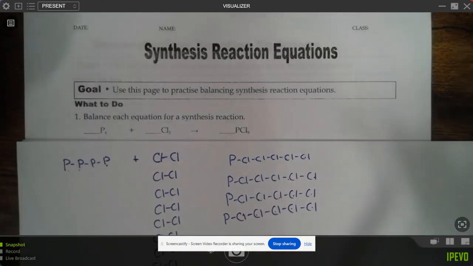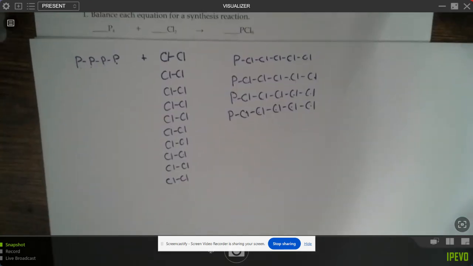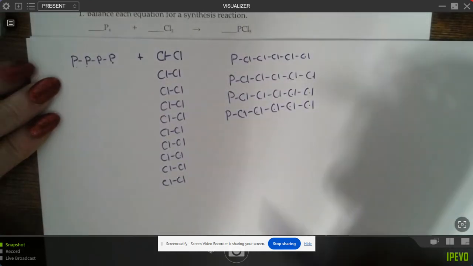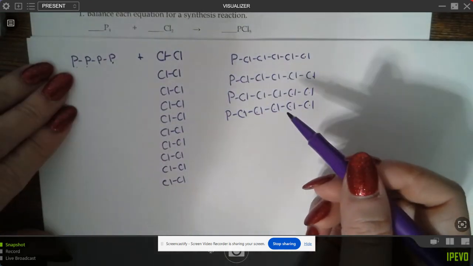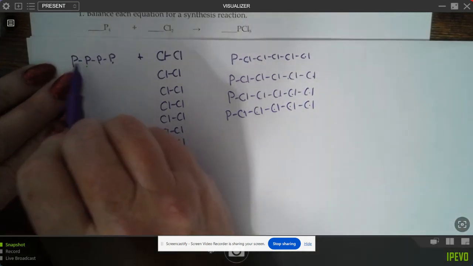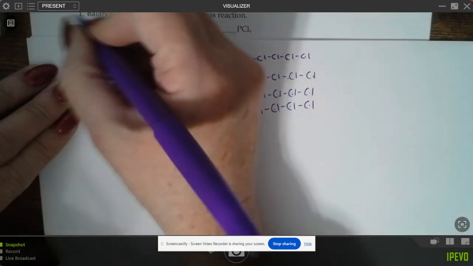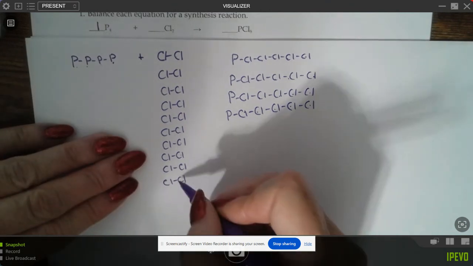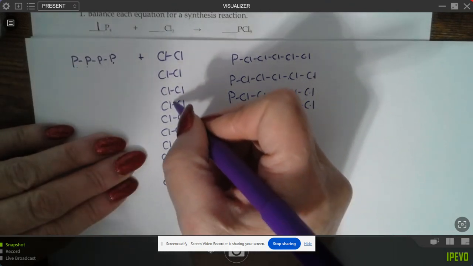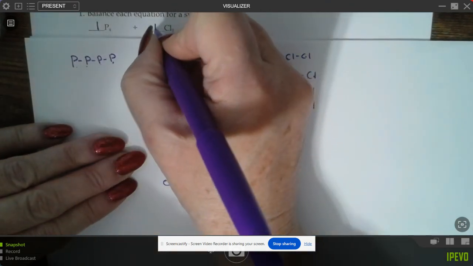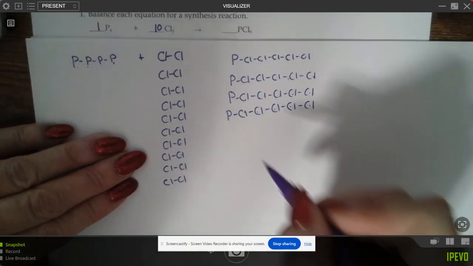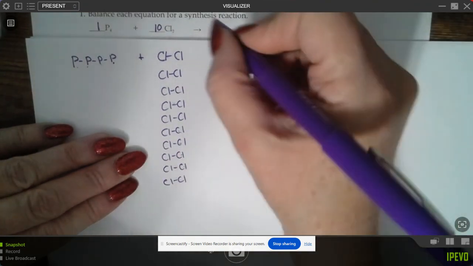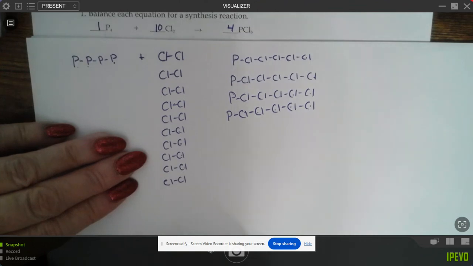Oops, and I got all the way off of my paper. There we go. Okay, so now I have the same number of chlorines and the same number of phosphorus. So I have 1 of these P4s. I have 10 Cl2s and 4 PCl5s.